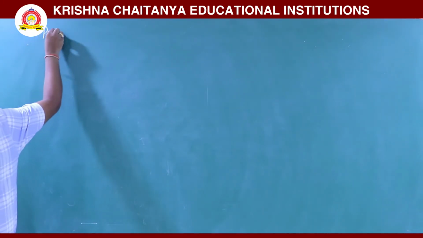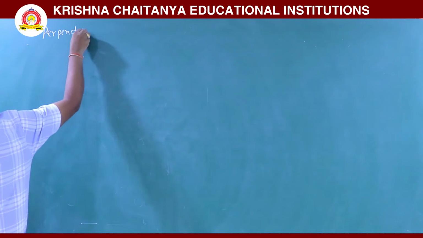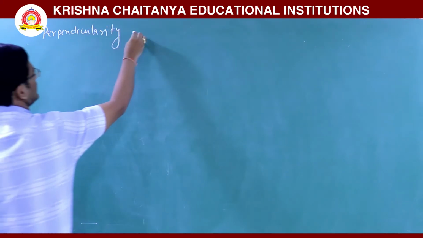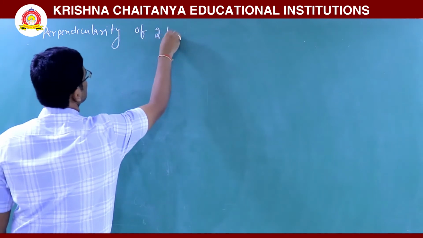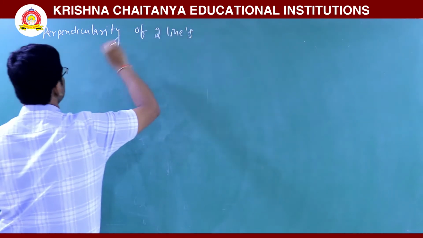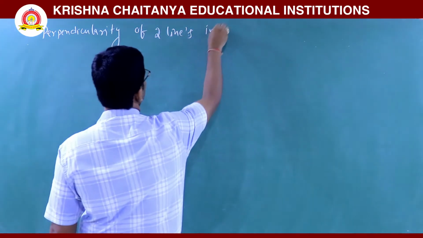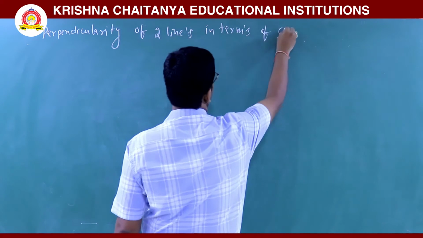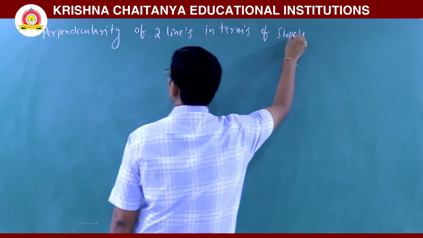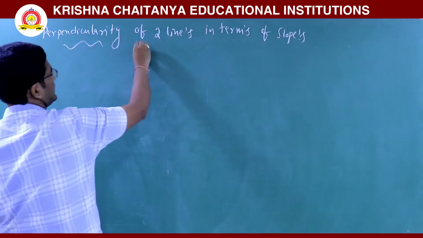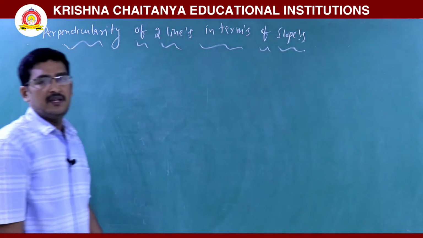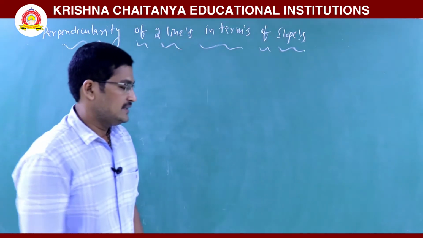Next, perpendicularity of two lines in terms of slopes. Listen carefully. That is one more concept about the introduction of the straight line.